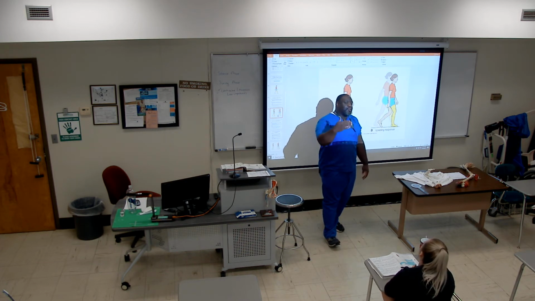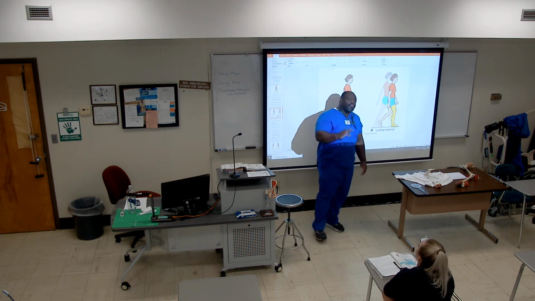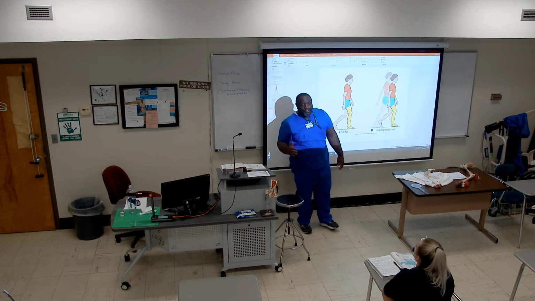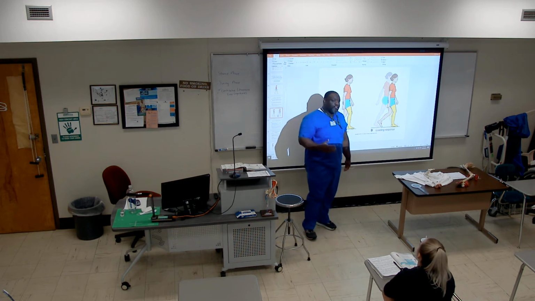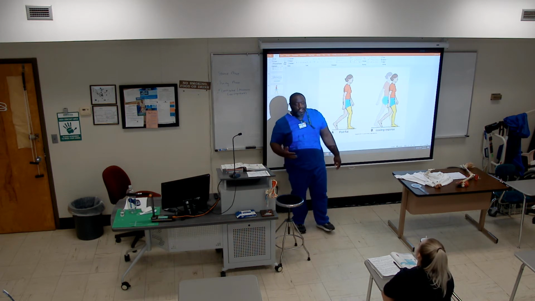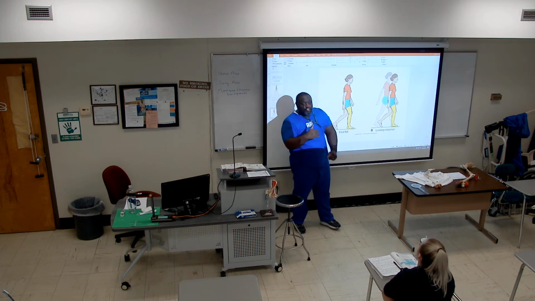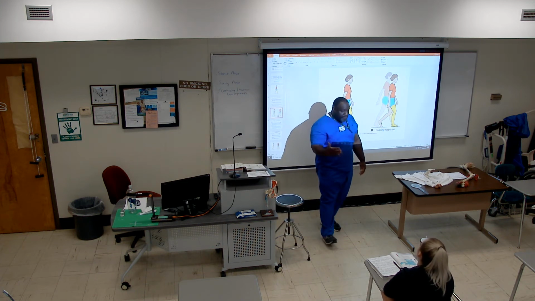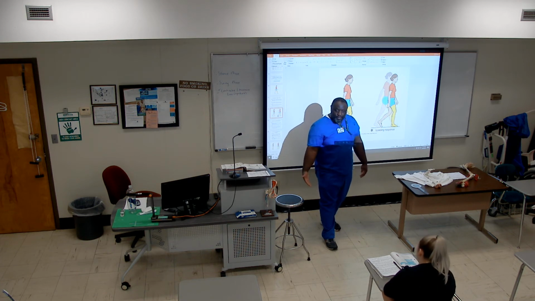Tib anterior and long toe extensors eccentrically lower my foot to the ground from initial contact to foot flat, or from heel strike to loading response, depending on the terms. So I need tib anterior to maintain me in neutral position at initial contact, and then to eccentrically lower my foot to the ground to foot flat.